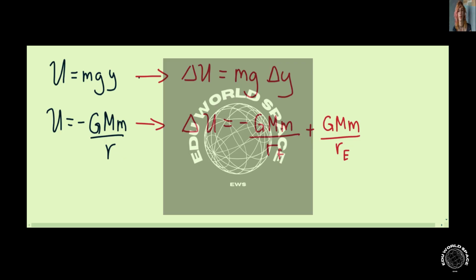So the difference between rf and rE is actually delta y, right? Because we're going from the radius of the Earth to a new, slightly bigger radius, and that will give us our change in height.